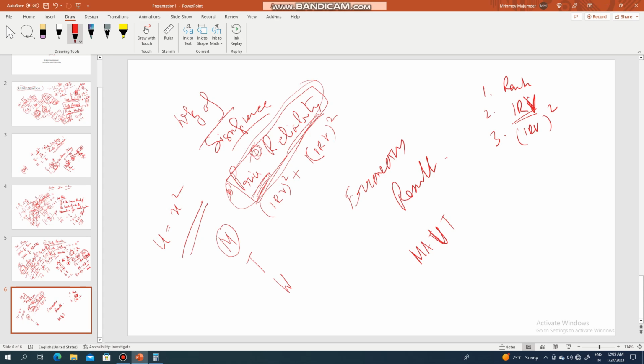So U squared will be the risk seeking, U root over x will be the risk averse. U is equal to x squared, U is equal to root x, and for the risk neutral function it is U is equal to x, so we have nothing to calculate for this. But for U is equal to x squared and U is equal to root over x, what you have to do is deduct the root over x value from the x squared.